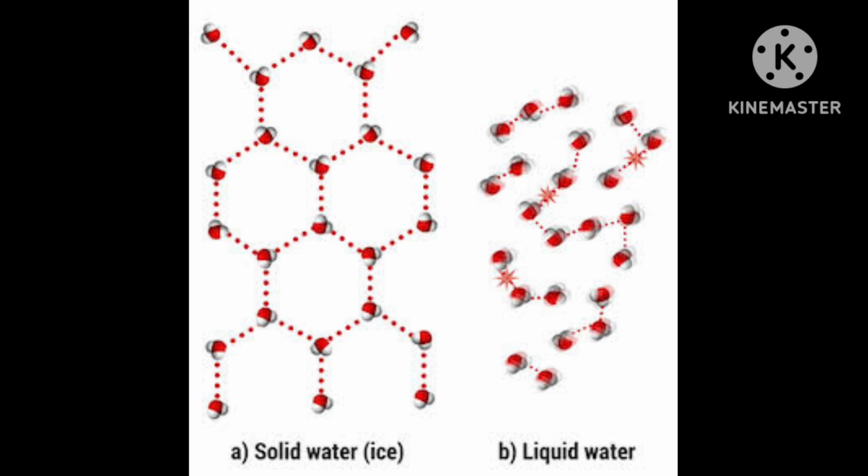Particularly in summer, when heat is more, this bond can break, and then evaporation can take place, and it will convert to vapor form.